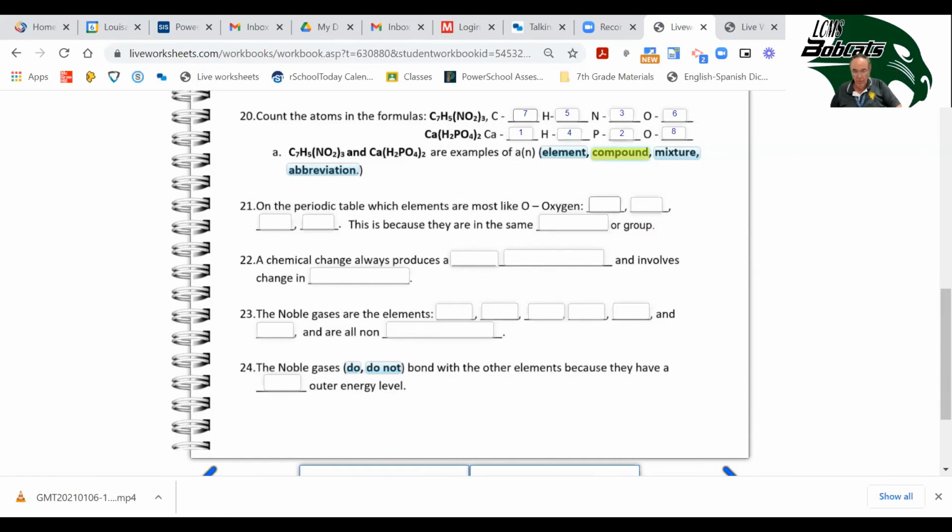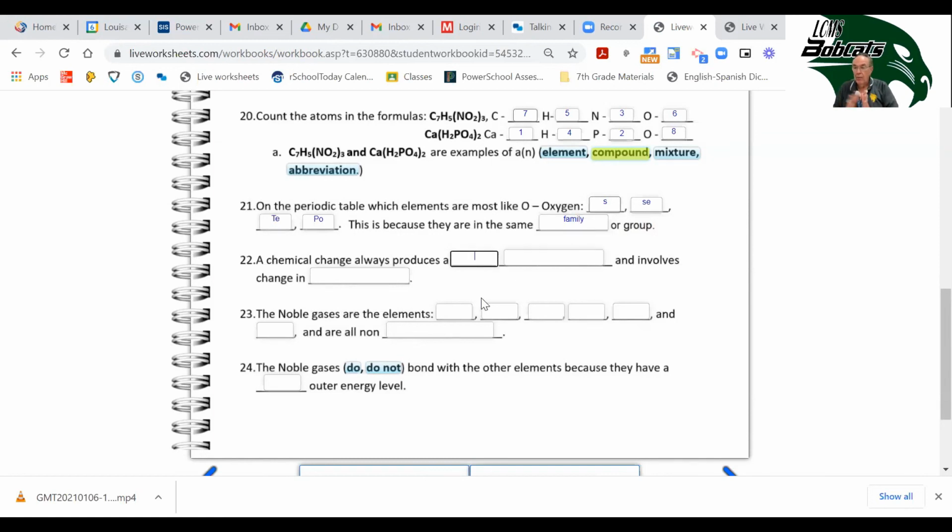I'm going to look at the periodic table, and the oxygen is at the top of family 6, and right under it is sulfur, and under sulfur is selenium, and under selenium is tellurium, and under Te is polonium. Okay, and you should probably be like, Mr. Palmer, you didn't capitalize the T. You all know that the first letter of any element symbol is a capital letter. This is because they are in the same family. That means they have the same number of valence electrons, so they have similar bonding properties.